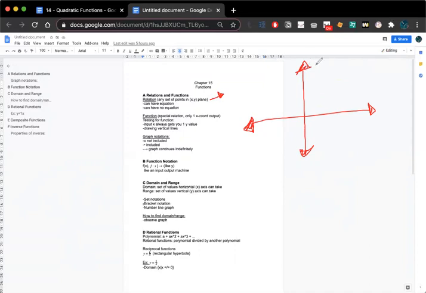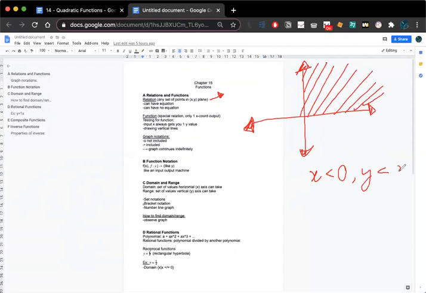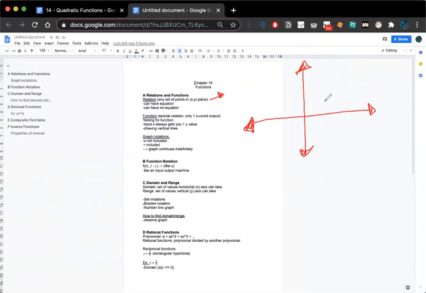Or even if you have something like this, where x is more than 0 and y is more than 0, so like this area of a set of points, that would also be considered a relation. Or if you have a set of dots together, that would also be what you call a relation.